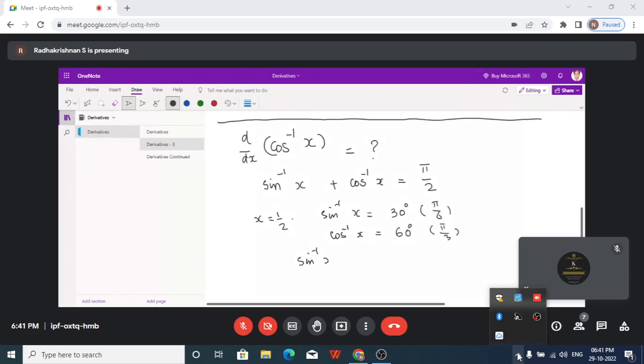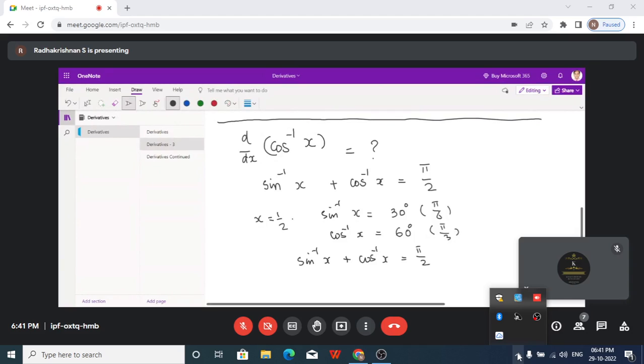So நீங்க இது எப்பவுமே true. sin inverse of x plus cos inverse of x will be 30 plus 60, 90, or pi by 2. Okay, நீங்க triangle கூட பார்க்கலாம். Because sin of x equal to cos of pi by 2 minus x, those two are complementary. So from that you get sin inverse of x plus cos inverse of x equal to pi by 2.